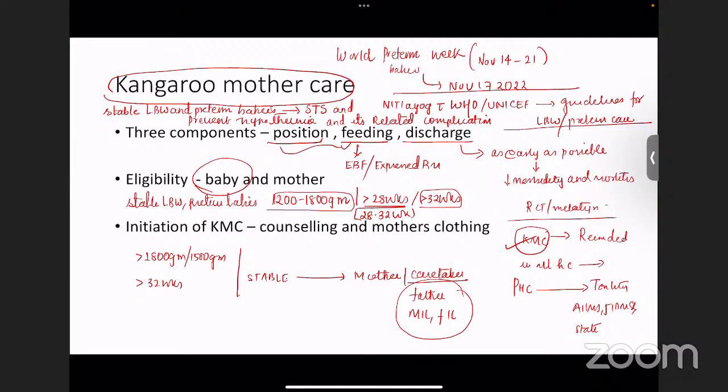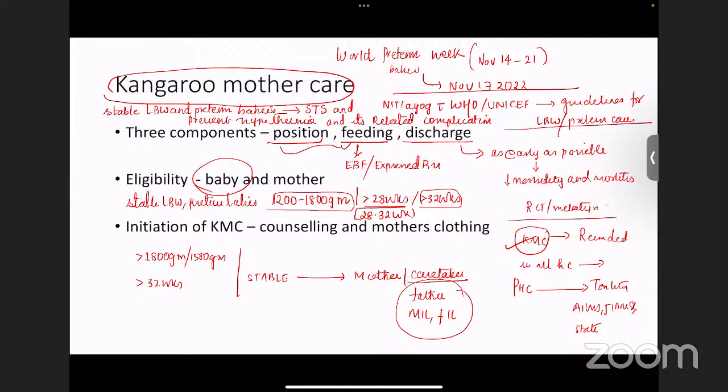Eligibility criteria: if the baby weight is less than 1200 grams, listen carefully, it will take a few days, a few weeks for them to get stabilized and to be provided with KMC. If the weight is between 1200 to 1800 grams, it will take a few days to get stabilized hemodynamically, and then the baby could be given to the mother for KMC.